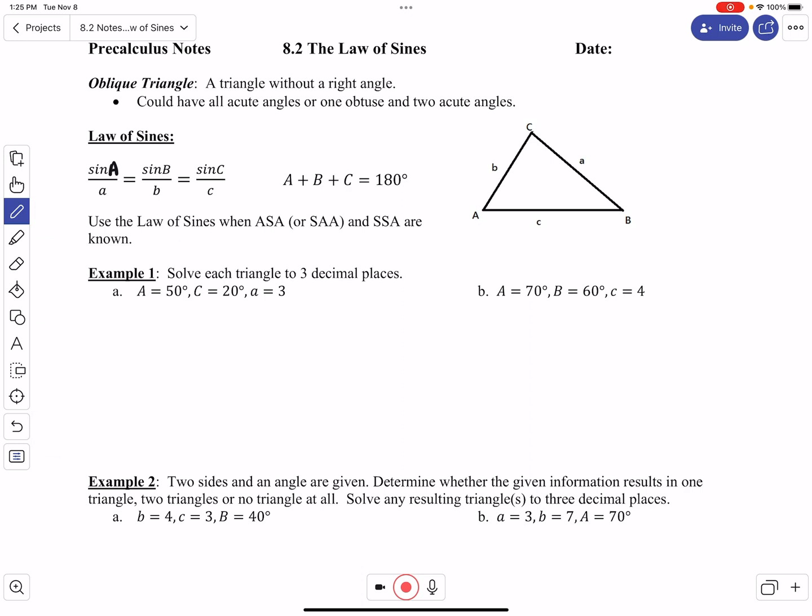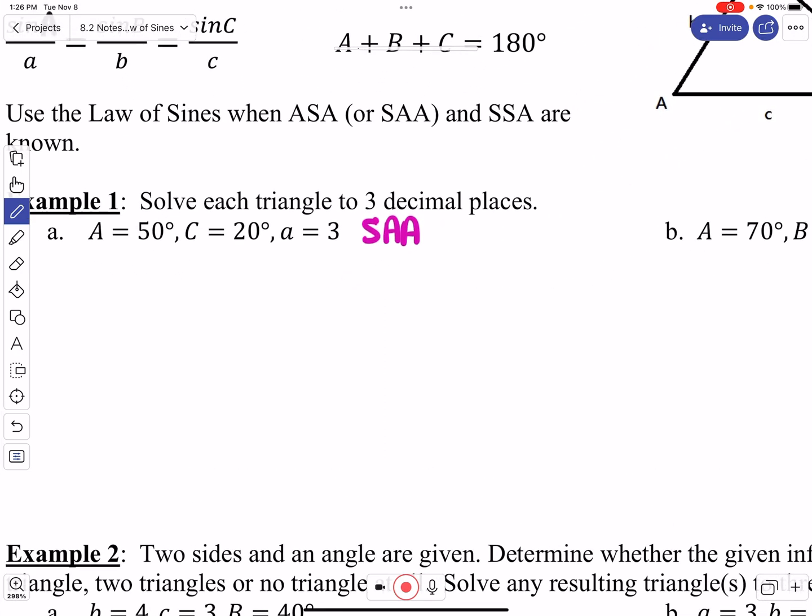So on our first example, we have angle A, angle C, and side A. So this is actually an example of side, angle, angle. And when we set this up, we can see that we have an angle and a side, so angle A and side A. So when we set this up, we'll zoom in here a little bit.